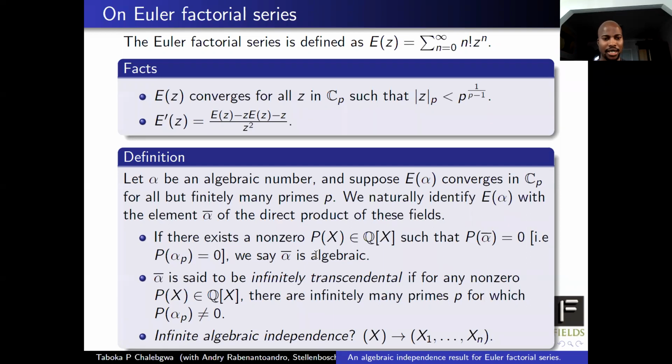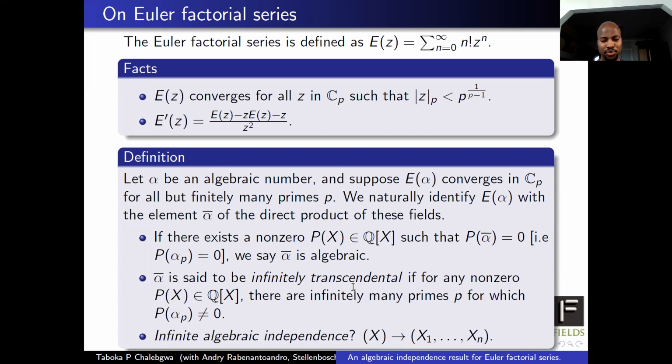In particular, we say it is infinitely transcendental if for any non-zero polynomial P, there are infinitely many primes for which P of alpha_p is not zero. And then if you've got n of these alpha bars, you analogously define the notion of infinite algebraic independence: just replace x with x_1 through x_n in the definition of infinite transcendence.